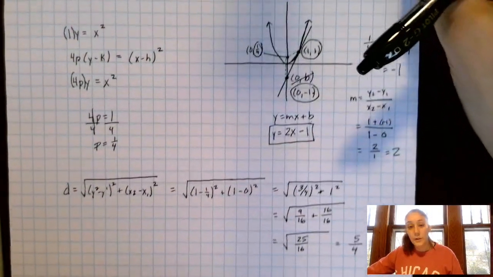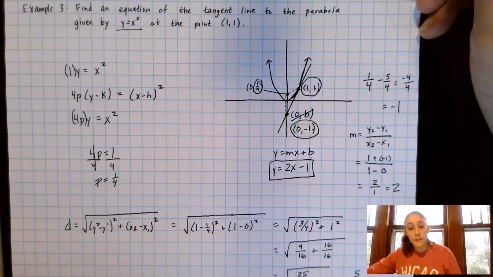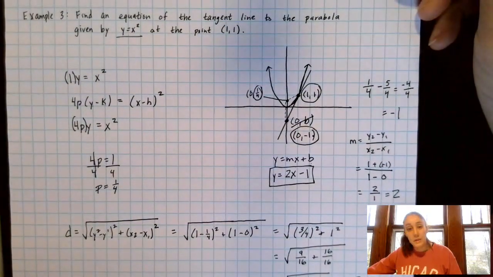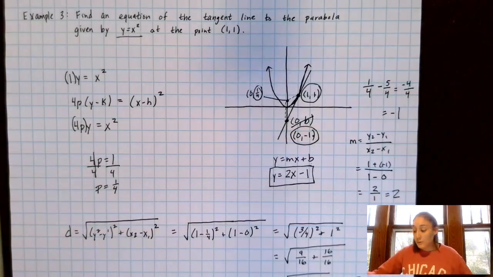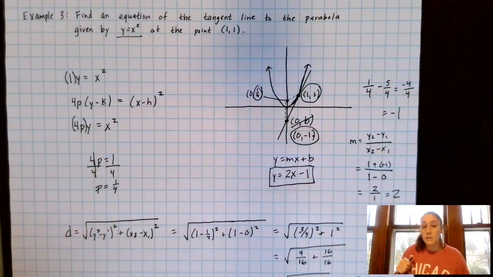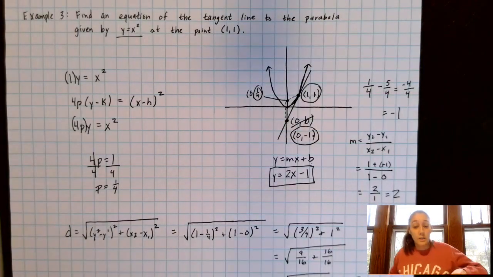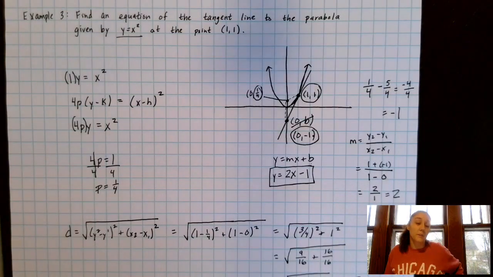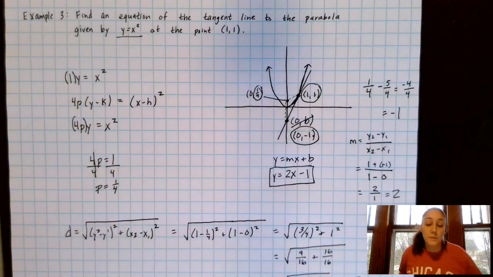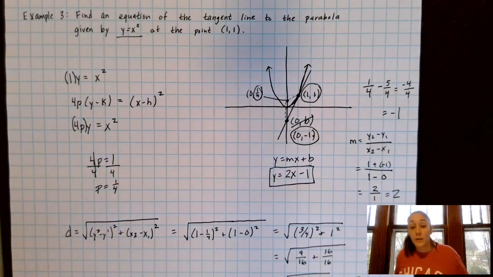There are lots of applications for finding the equation of a tangent line to a parabola. And this is actually something that you do a lot in calculus, although in calculus you do that by finding derivatives, which is basically finding the slope of a curve at a specific point. The reason that we do that is because imagine a real life scenario where you have data that's being graphed.